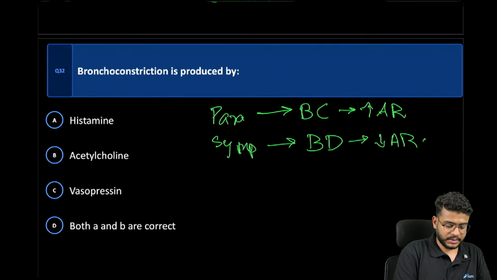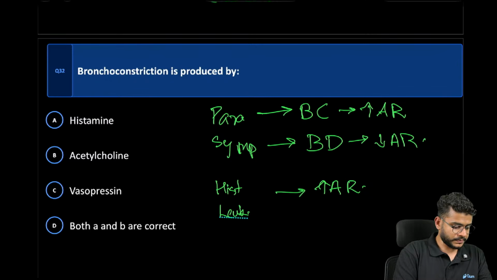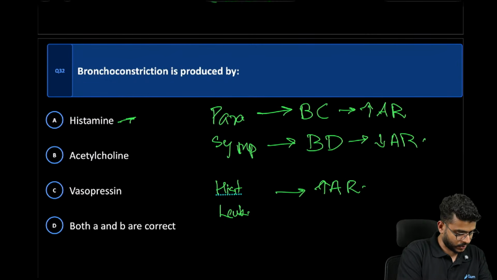Now there are some chemical factors like histamine, leukotrienes, etc. They increase the airway resistance. So histamine increases the airway resistance by causing bronchoconstriction.